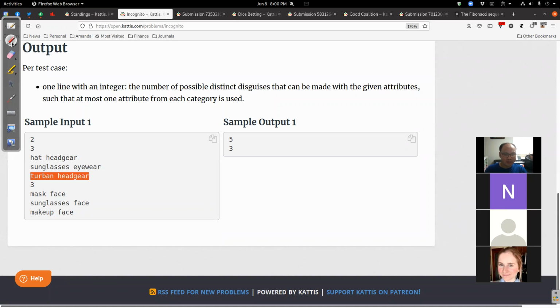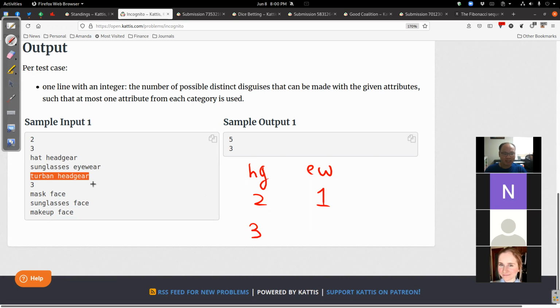So what's going on here? You basically have headgear and eyewear. Headgear, you have 2 possibilities. Eyewear, you have 1 possibility. So how many choices can you put for headgear? 3, because you can choose to do nothing as well.